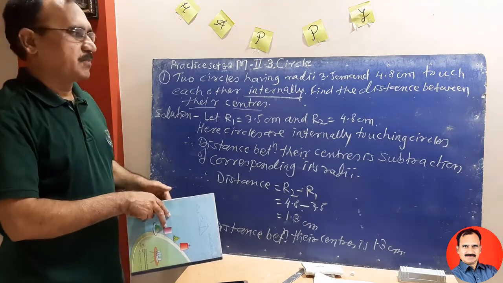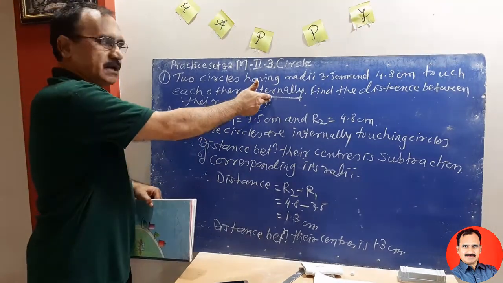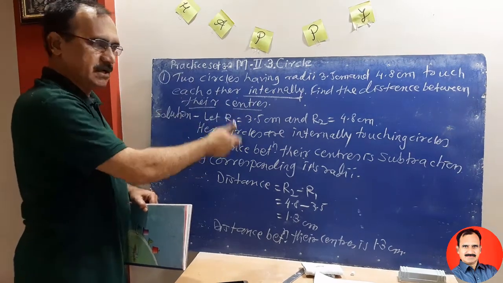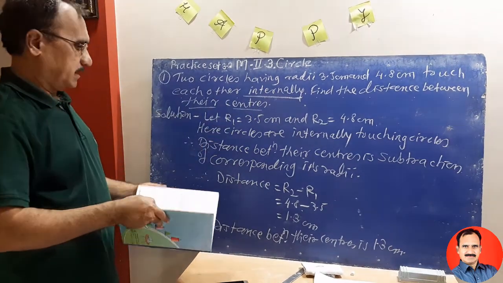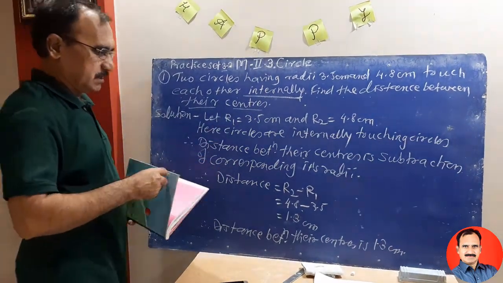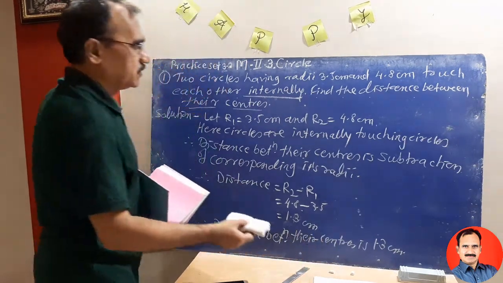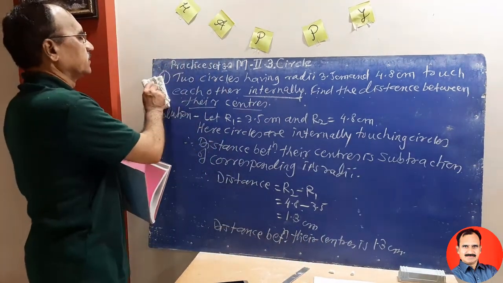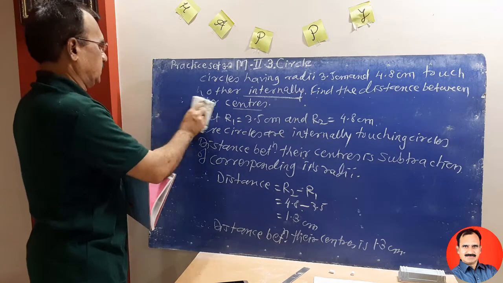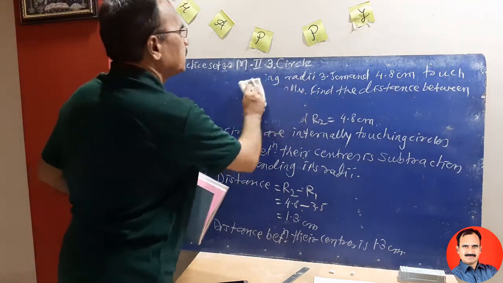Very easy example. If circles are internally or externally touching, see carefully and then write the formula. Any problem in this example? Nothing. Very good. Then write down this example and we are going to see the next one, the second one.